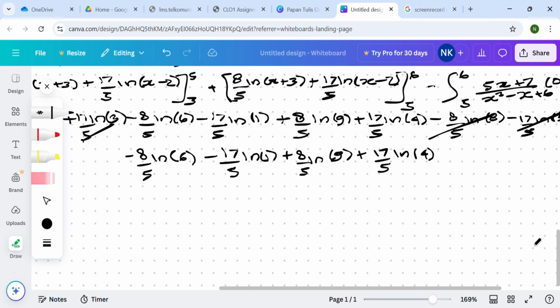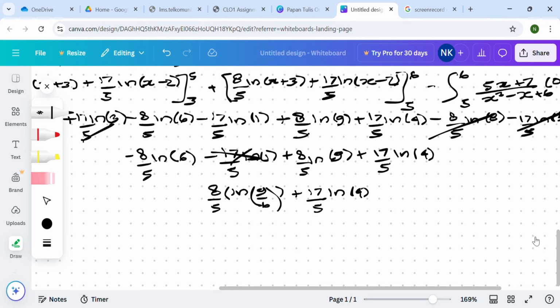Okay. Because ln 1 is 0, we can delete this, and then we're left with only this 3. Because this is 8 over 5 and this is also 8 over 5, we can group them, which makes them turn into 8 over 5 ln 9 over 6, because the negative goes here, which is negative 1. 6 to the power of negative 1 equals 1 over 6, and 1 over 6 times 9 is 9 over 6, plus 17 over 5 ln 4.